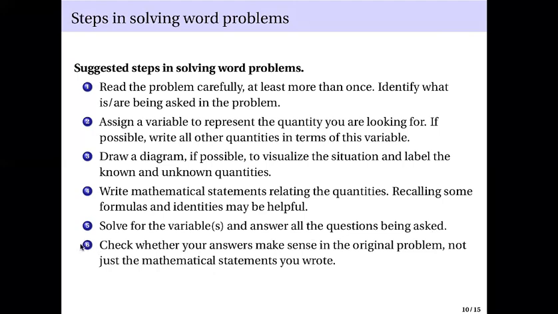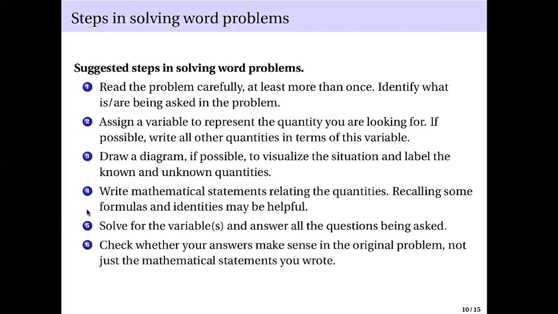Some students do step 6 against step 4. Take note that your step 4, these mathematical statements, are actually your interpretation of the problem in step 1. Of course, if you interpreted the problem incorrectly, then most possibly the answer that you will obtain in step 5 will be correct in step 4.